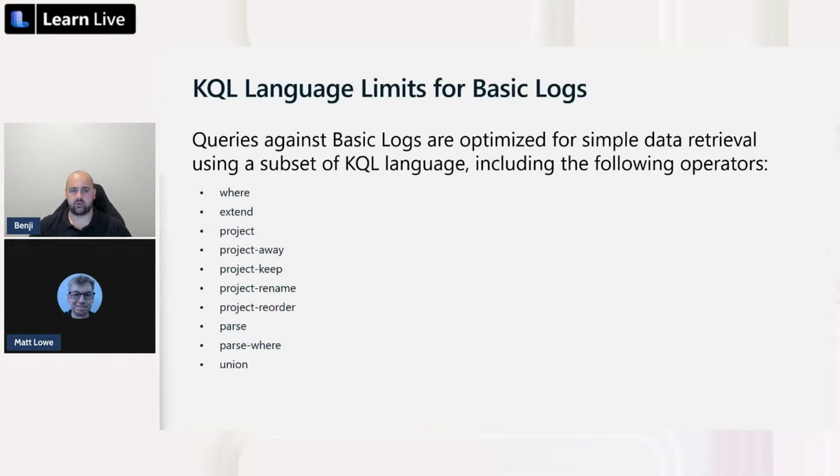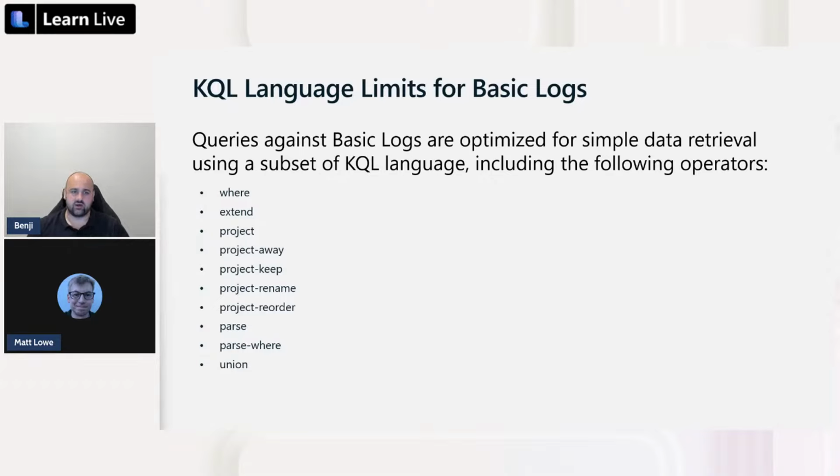If we are speaking about KQL limits, there is a subset of the queries that we can use, and you can see the list on the screen. So we can use some of the basic ones. Still powerful queries can be done there, but you cannot do advanced KQL querying on top of basic logs.